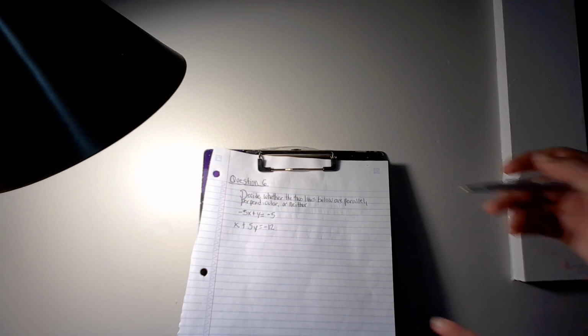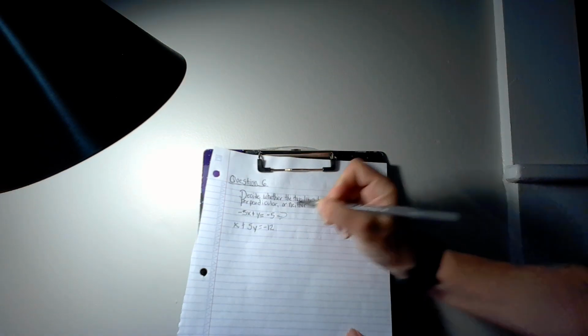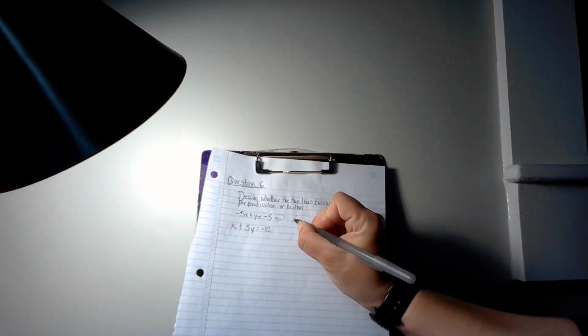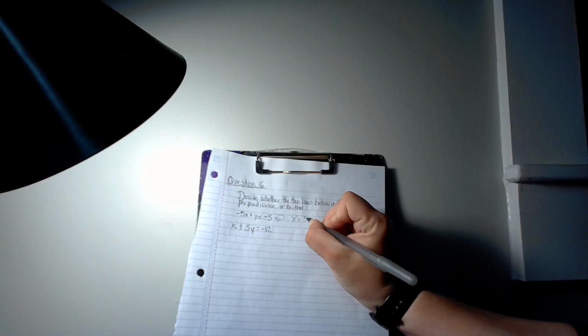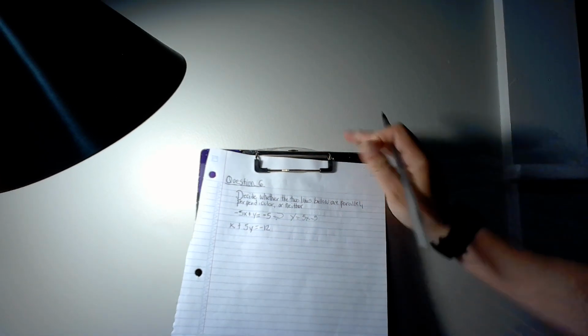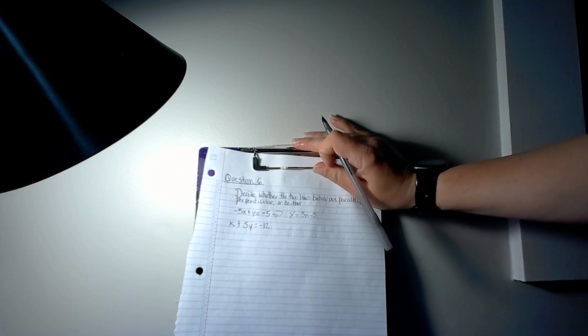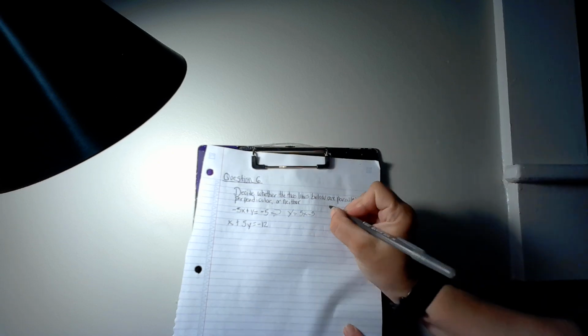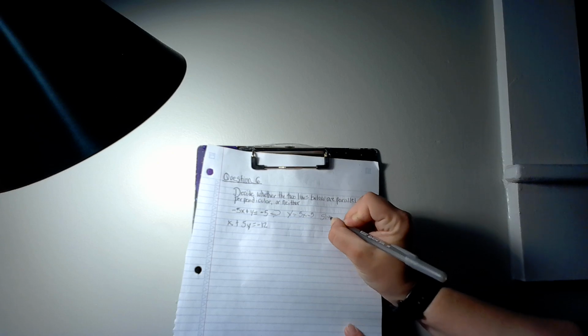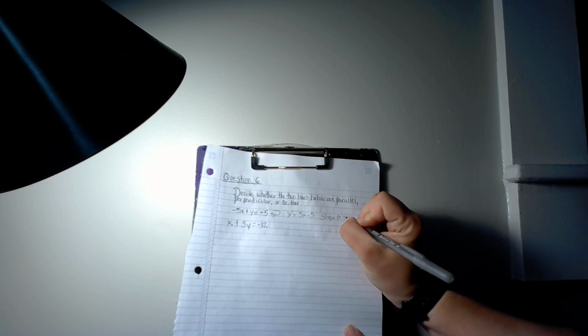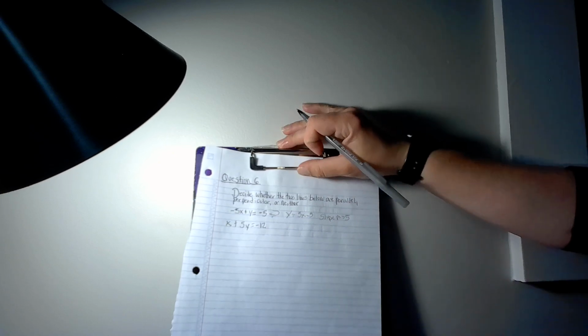For the first equation, you would do y equals 5x minus 5. So the slope m would equal 5.